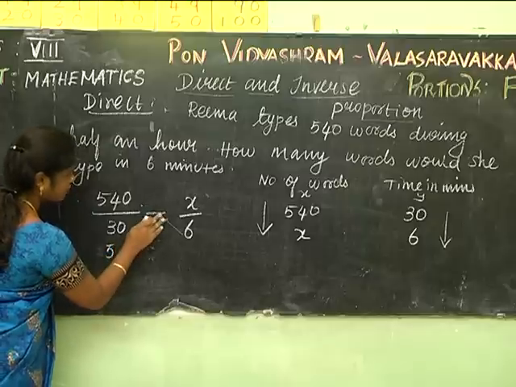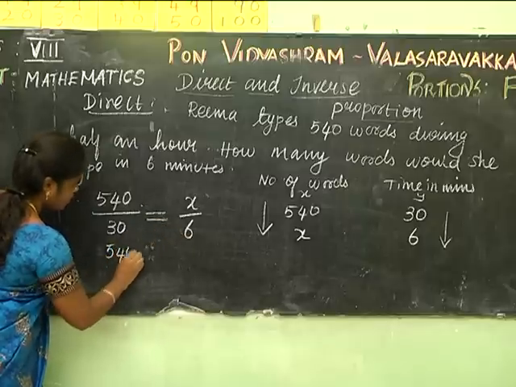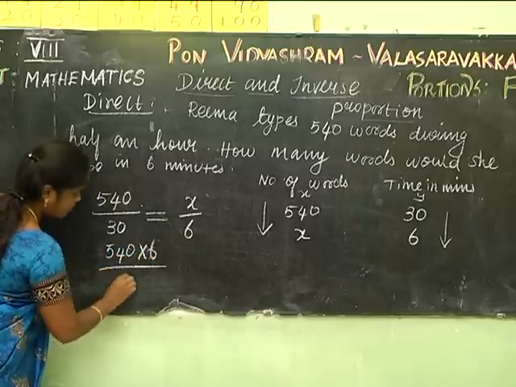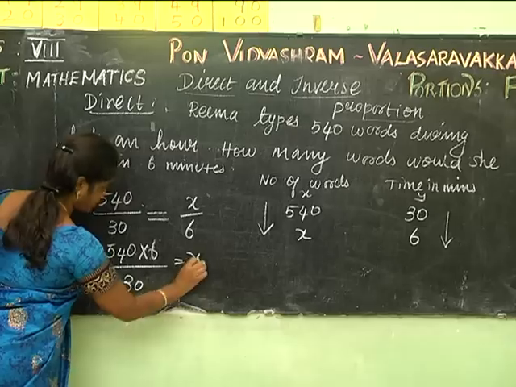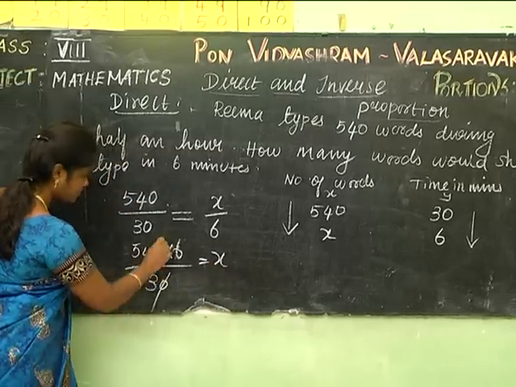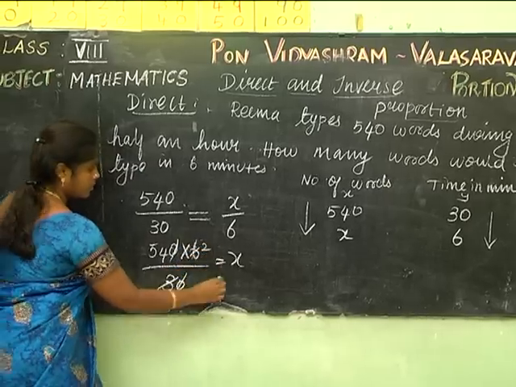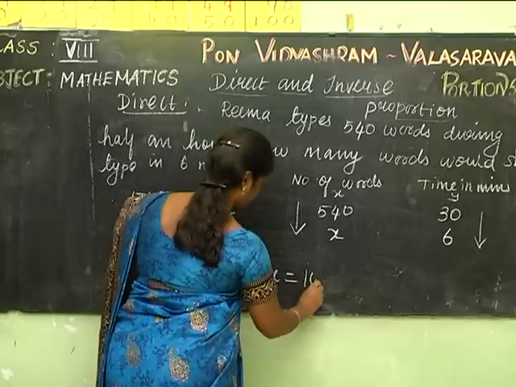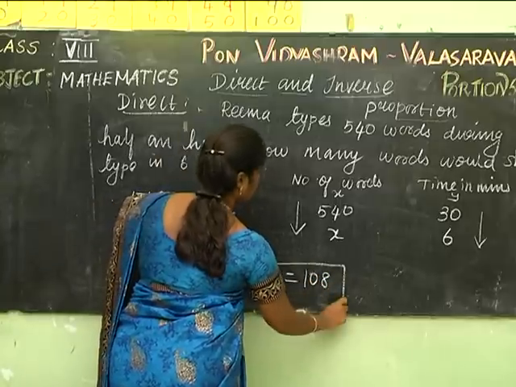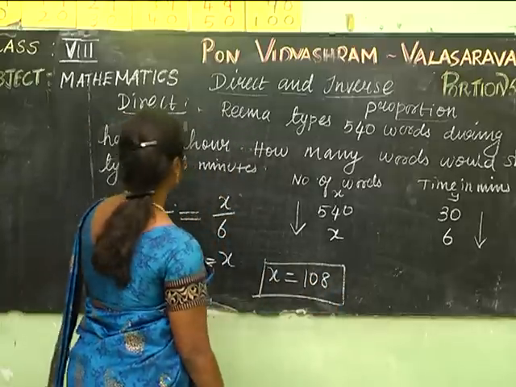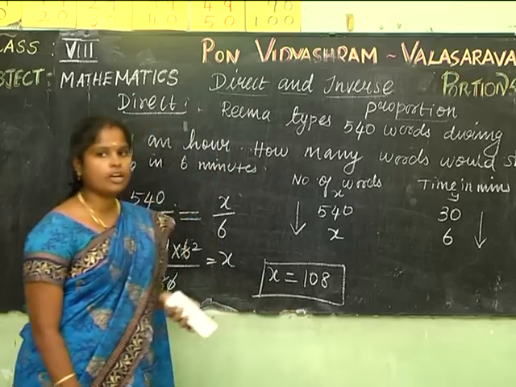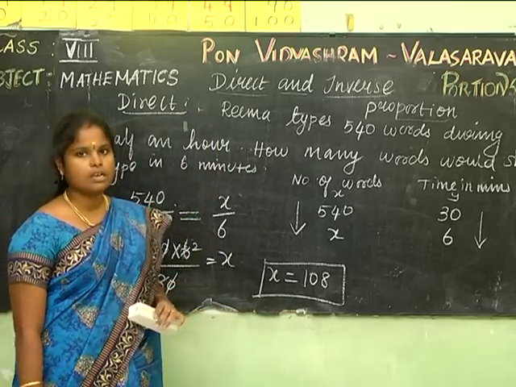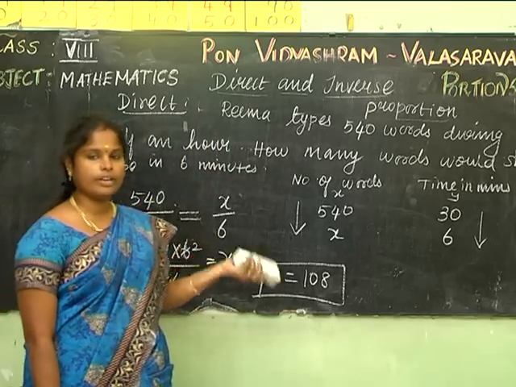So 540 multiplied by 6 by 30 is equal to x. Then simplify this. Therefore, x is equal to 108. So she can type 108 words in 6 minutes. So this is the example for direct variation.